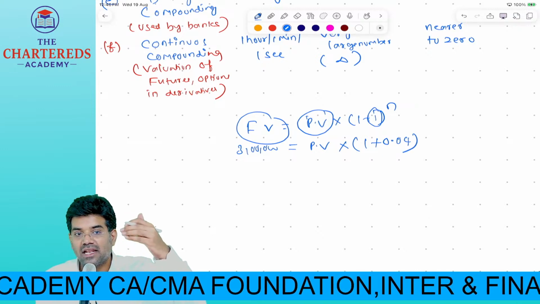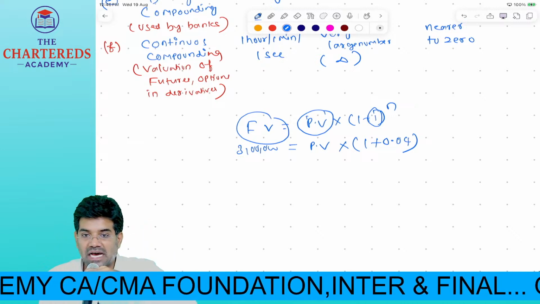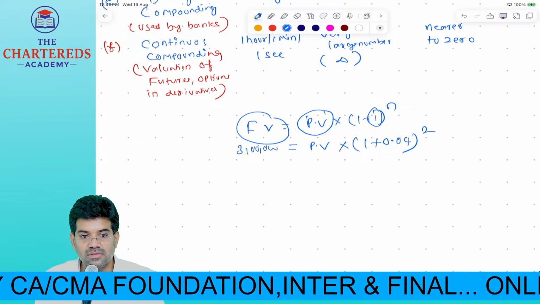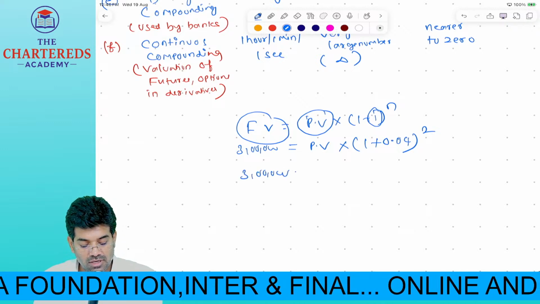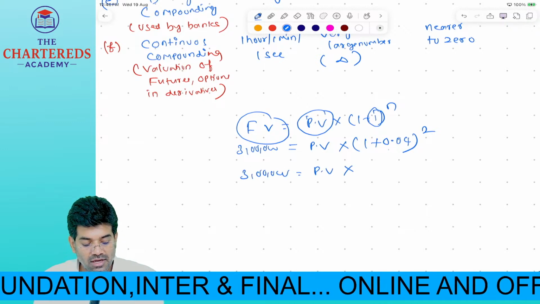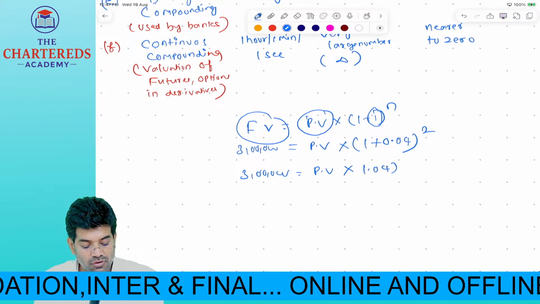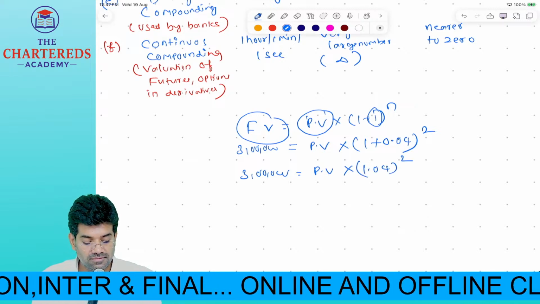Whole power: in a year, how many times will compounding happen if it is half yearly compounding? 2 times. So 3 lakhs is equal to present value into 1.04 whole power 2.